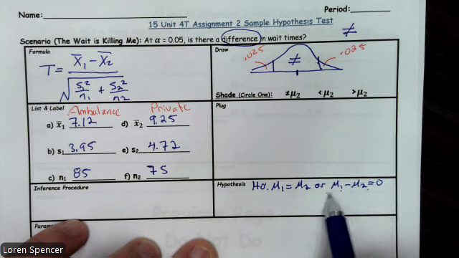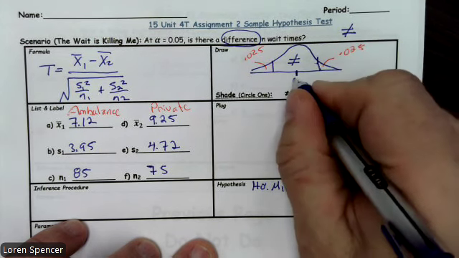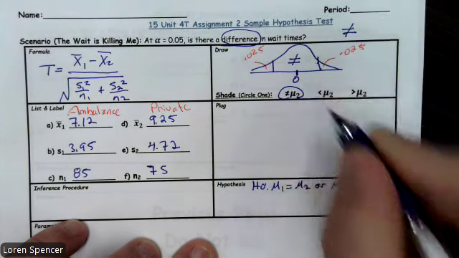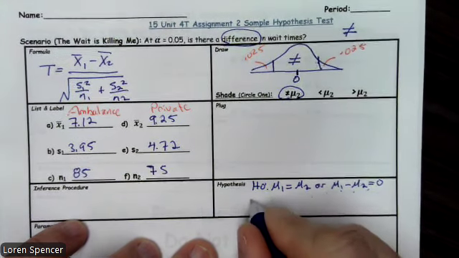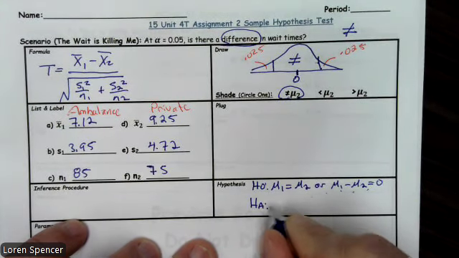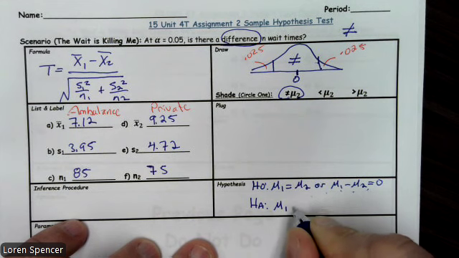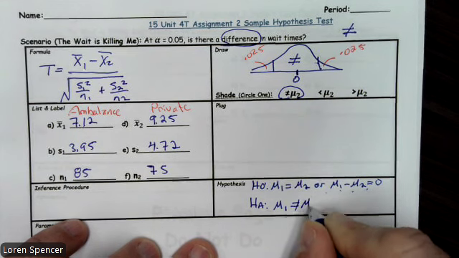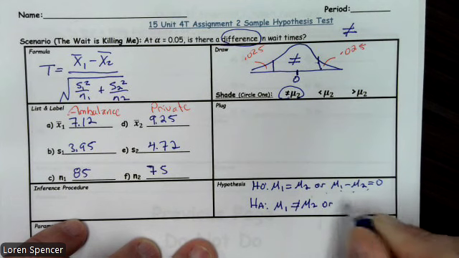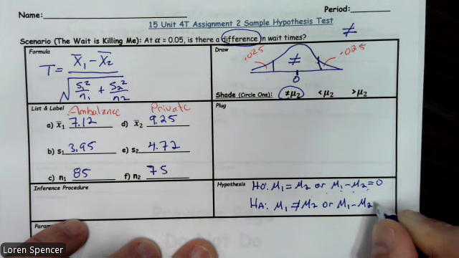So if there's no difference, that means I'm centered on 0. My alternative is mu1 does not equal mu2, and that would be written as mu1 minus mu2 does not equal 0.